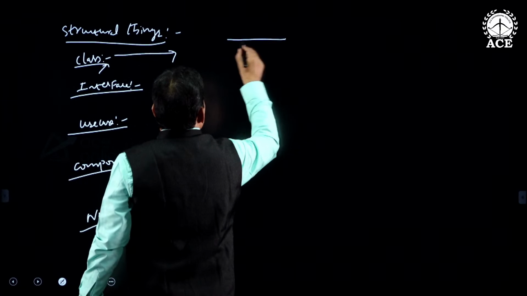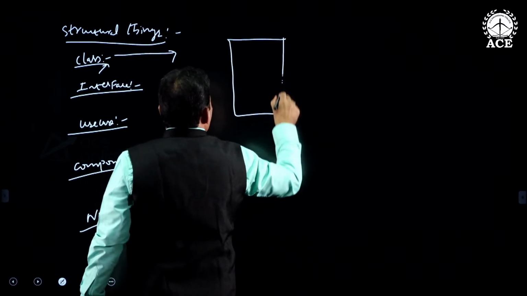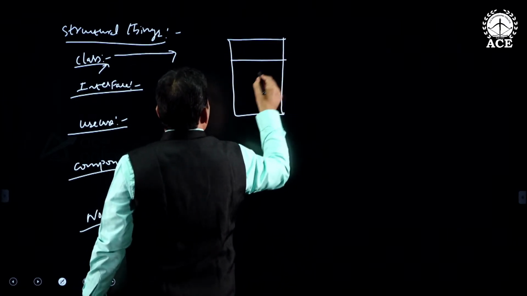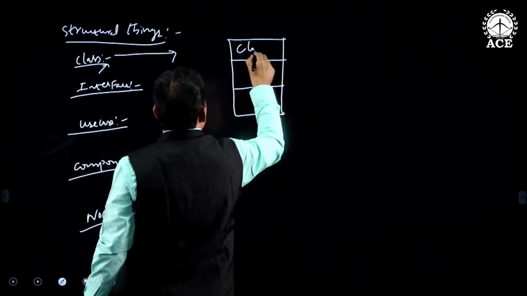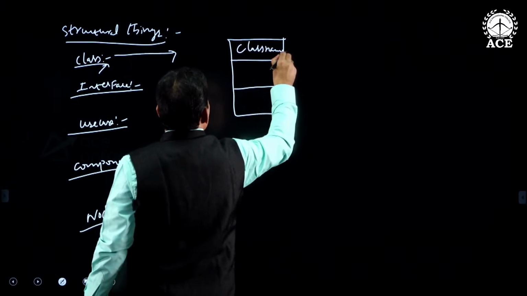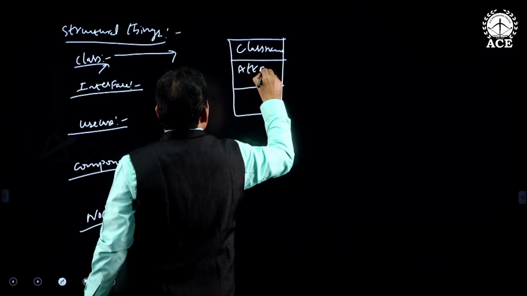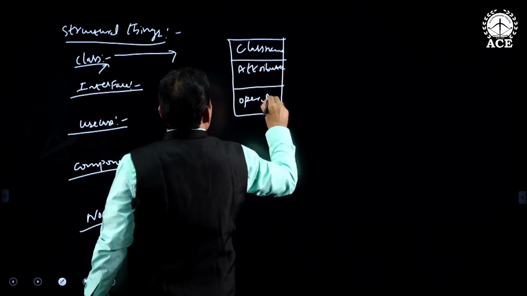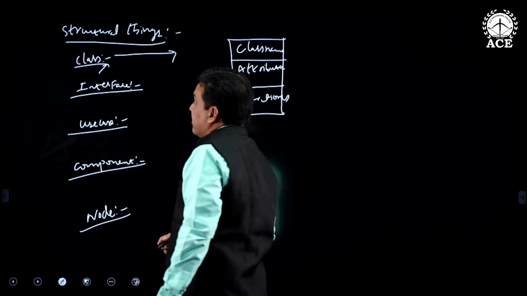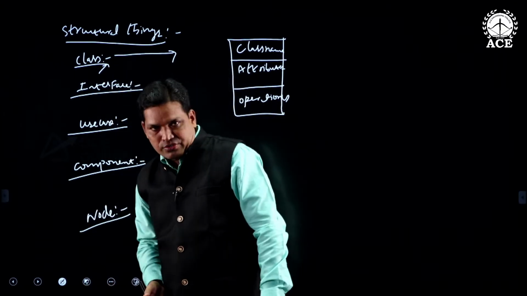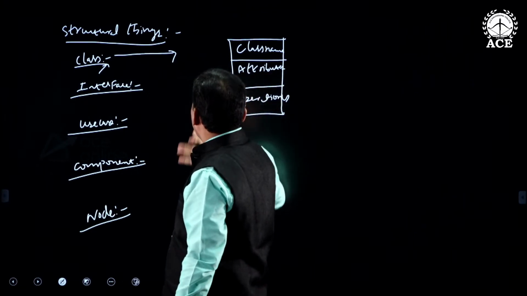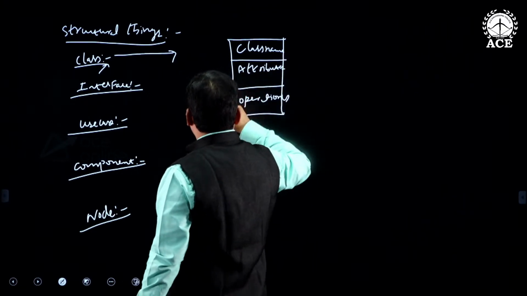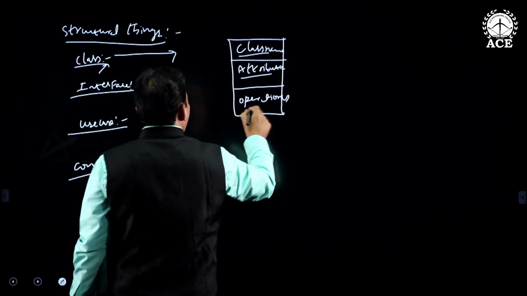Any class consists of three compartments: class name, attributes, and operations. So a group of similar objects can form a class.